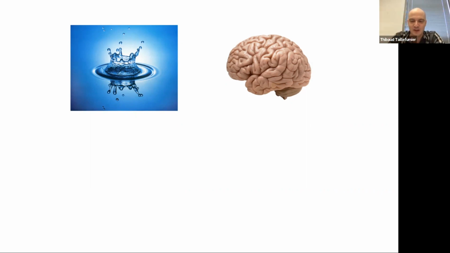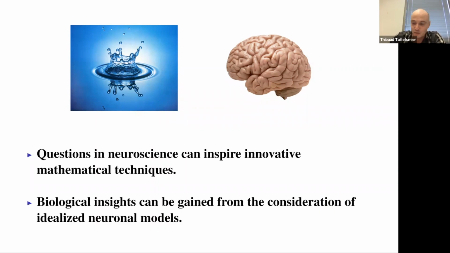I don't claim that we are going to get the same success that we get with inanimate systems. What I'm really after is trying to use neuroscience problems as a source of inspiration for possibly innovative new mathematical techniques, and also hopefully along the way get some new biological insight about a question that is of interest to the neuroscience community.